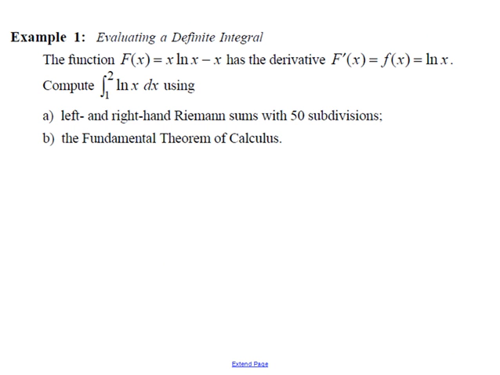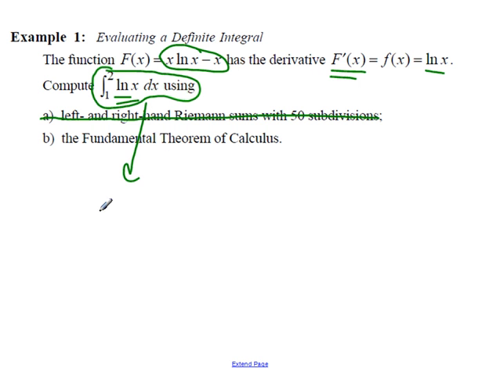Well, let's look at an example where the antiderivative is already given to us. We're not going to do this with Riemann sums. We're trying to evaluate this definite integral right here, and we notice that the function, ln x, is the derivative function, and the original function is right here. So if we wanted to evaluate this using the fundamental theorem of calculus, it would be F of 2 minus F of 1. And this problem should look familiar because we've actually done this problem before.